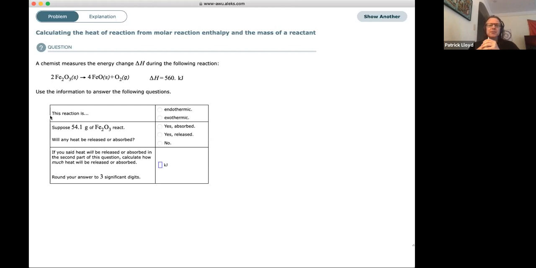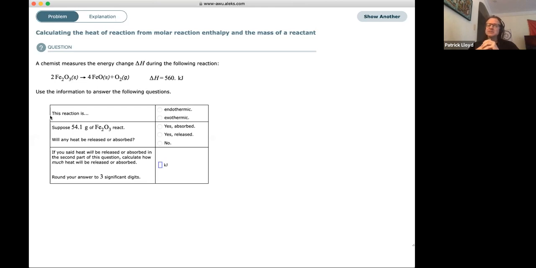Okay. Well, the first two questions really are, in a sense, the same question, just different wording. So the reaction is either endothermic or exothermic. For that, in the thermochemical equation, we just look at the sign of delta H, right? So if delta H is positive, it's endothermic. If it's negative, it's exothermic. So in this case, it is endothermic, right?